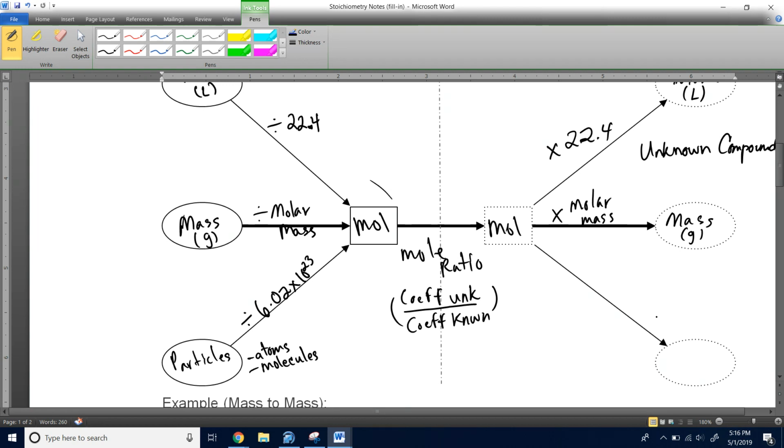And then right over here, we're going to have to multiply by 6.02 times 10 to the 23rd power in order to go from the moles of our unknown to the particles of our unknown. And remember, this still accounts for atoms and molecules.